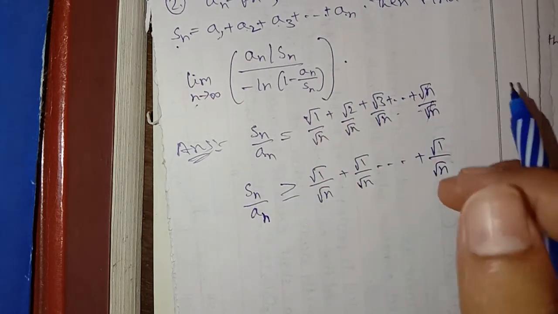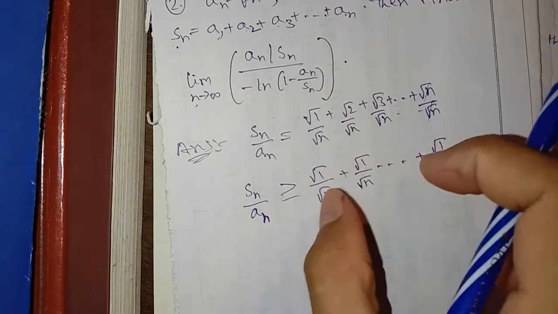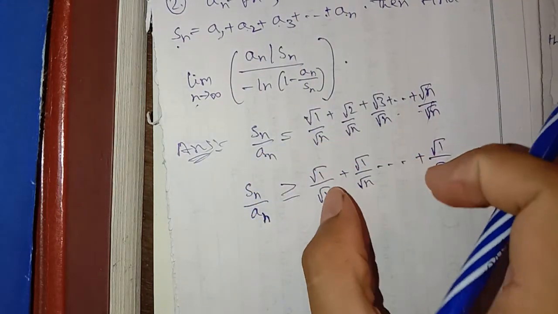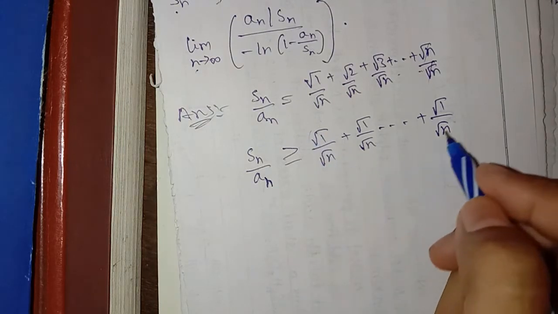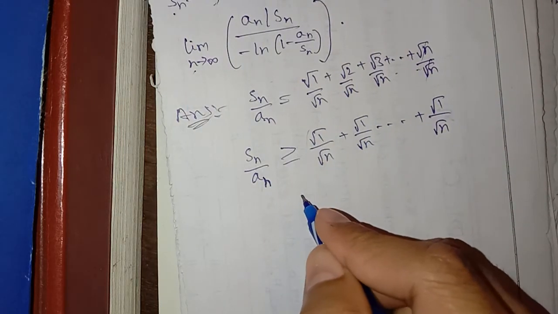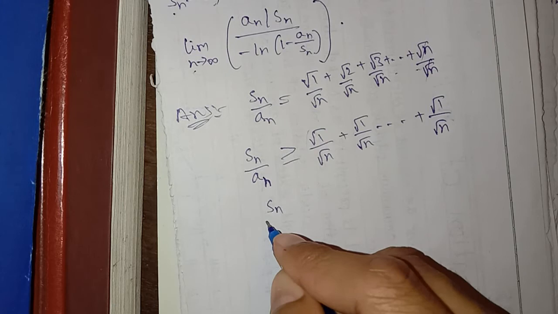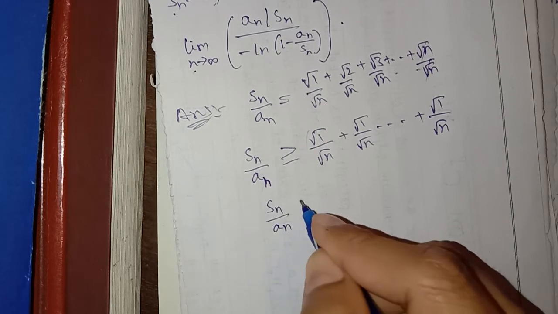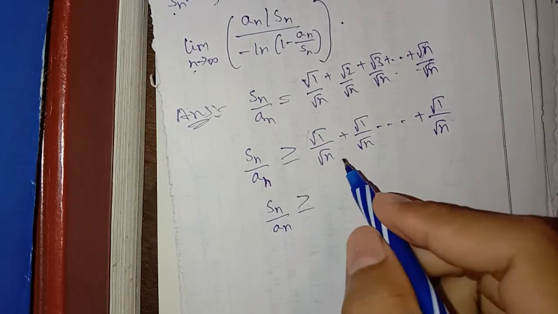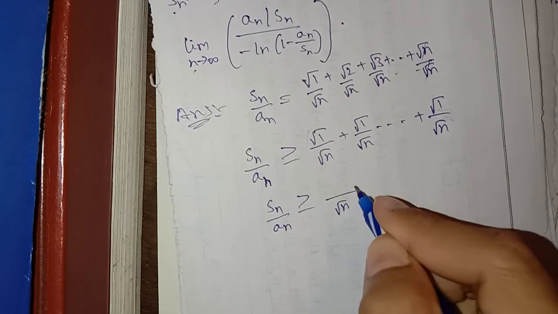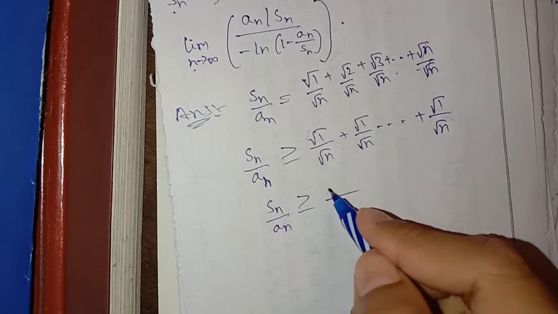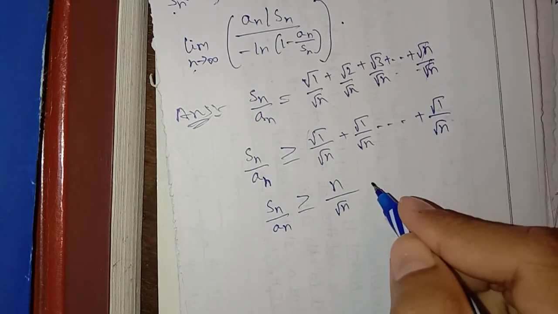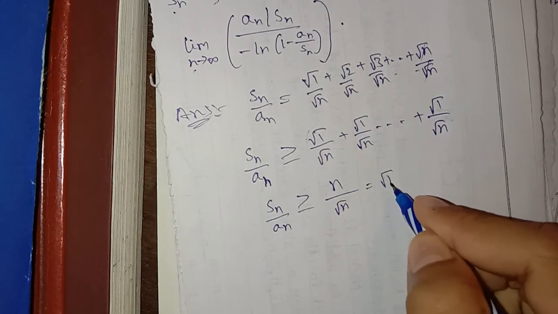Here n times is there, so Sn by an is greater than or equal to root n. This is root of 1, which means 1, n times, that is n. So this is equal to root of n.